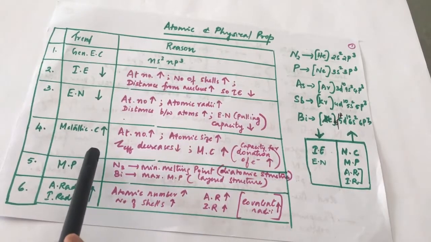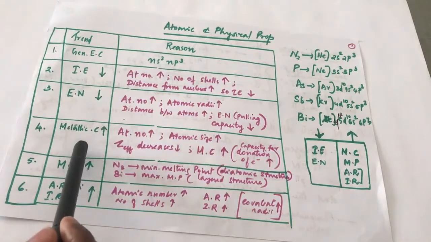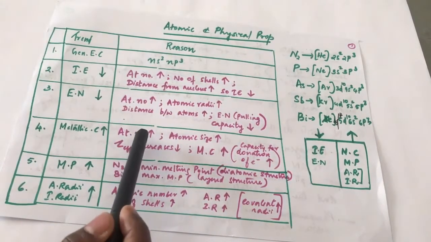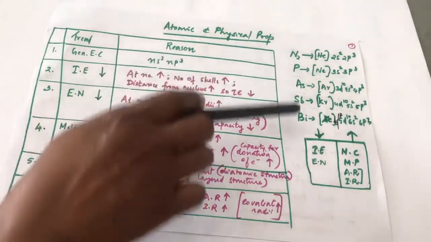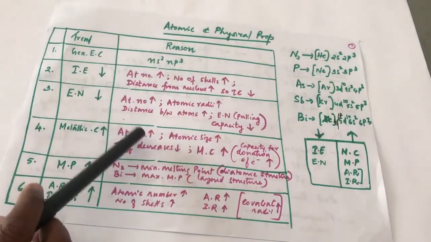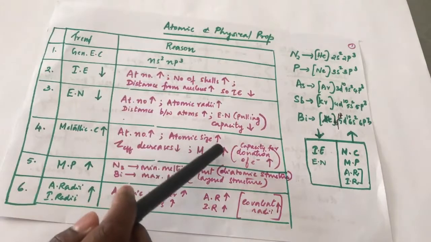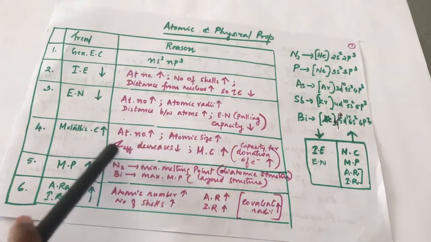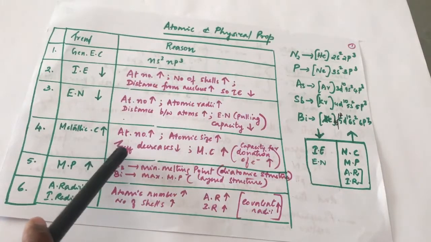Okay. Now we pass on to the metallic character which we have left out. Down the group, the atomic number goes up. It increases, so the atomic size increases. And what happens to the Z effective? Z effective means the attraction of the nucleus, isn't it?